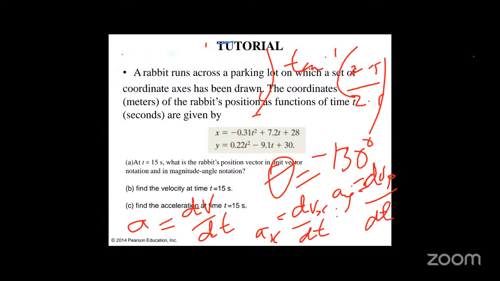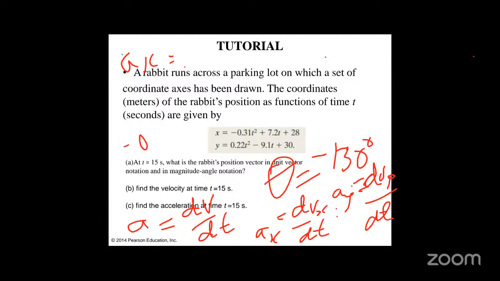So what is ax? Remember that Vx is equal to minus 0.62 t plus 7.2. So ax will be minus 0.62.